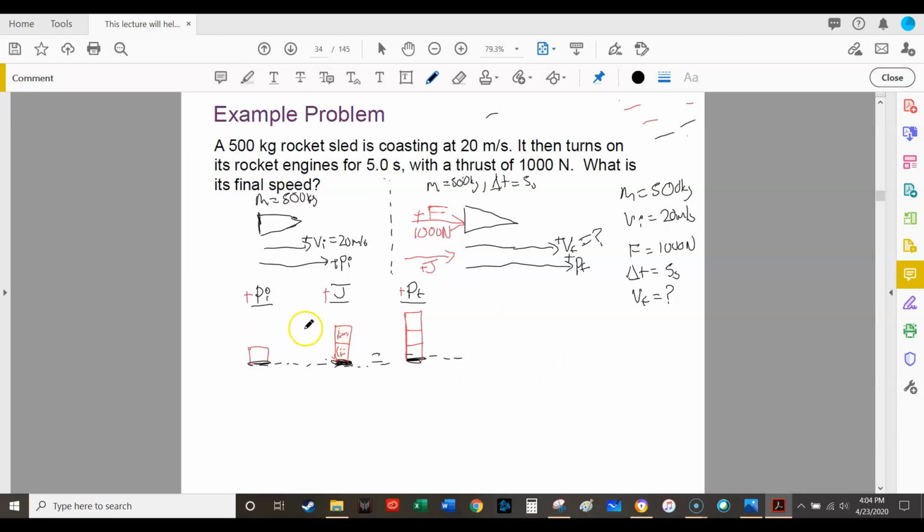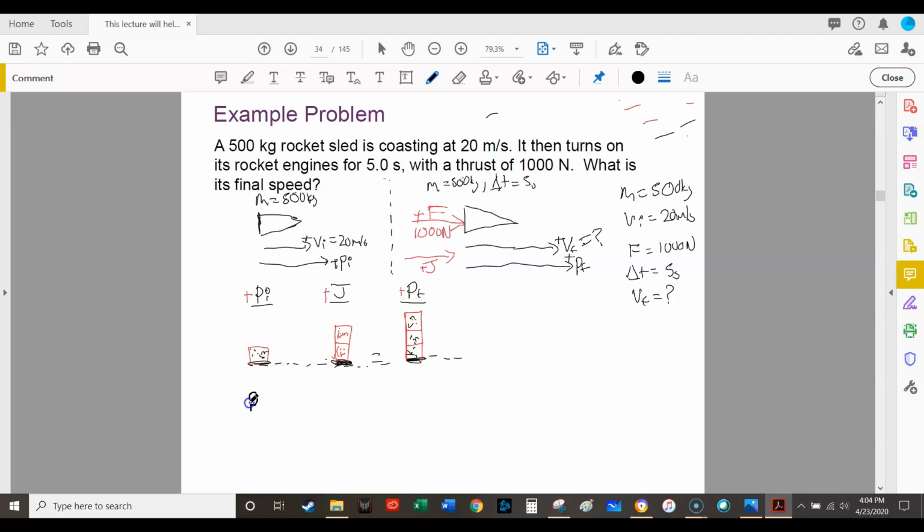So what does that mean? Well, that means the final momentum is going to be larger than the initial momentum because the initial momentum plus the J vector is a final momentum.